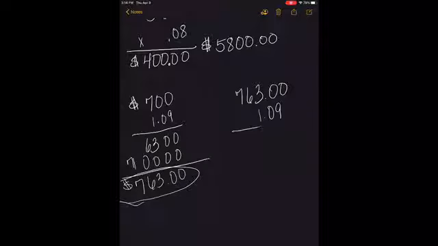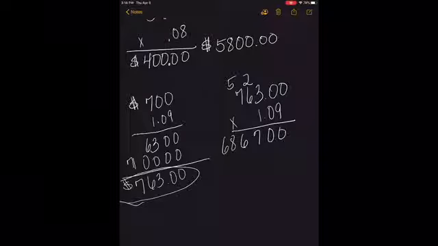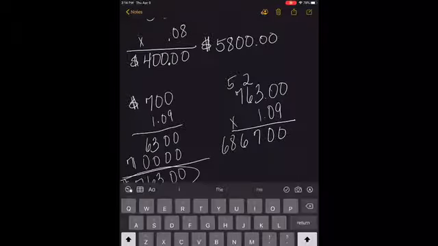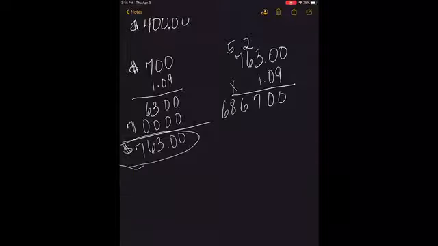So once again, multiply by 1.09. 9 times 3 is 27. Carry the 2. 54 plus 2 is 56. Carry the 5. 63 plus 5 is 68. All right, so you can see already we would have our decimal point there. If we were just finding the interest alone, it would be $68.67.